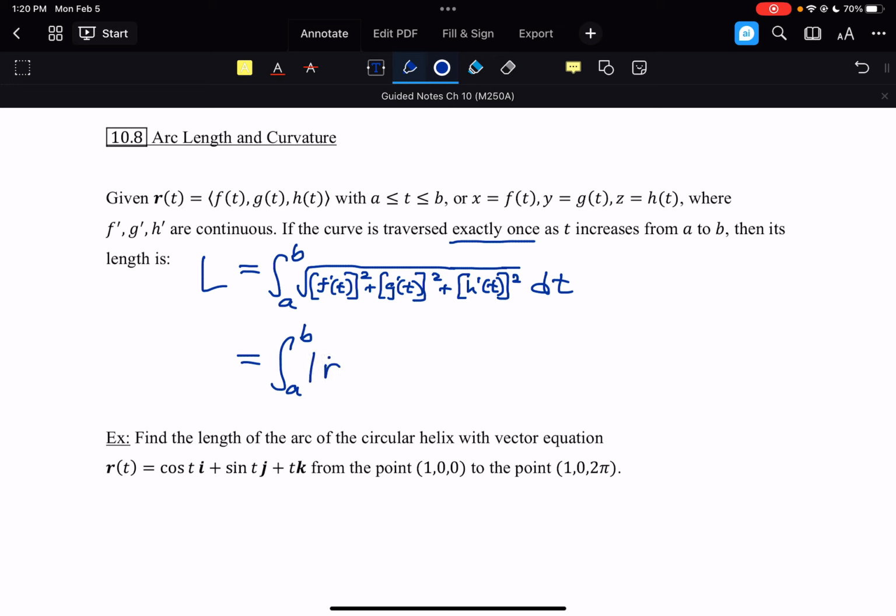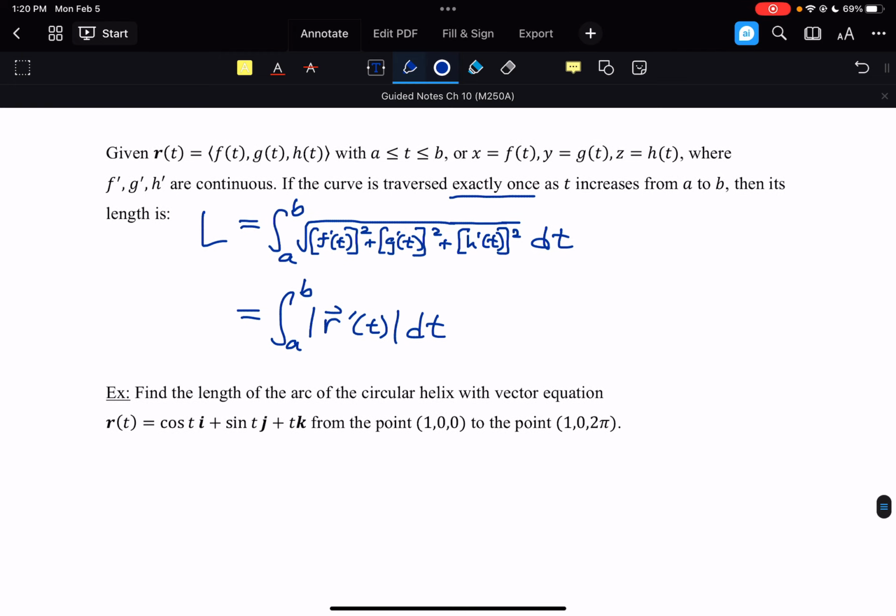So this is just the integral of the length of r prime of t dt. So these are two equivalent formulas that both represent the same thing, that being arc length over a segment of a curve in 3 space, as it is traversed exactly once using the values of the parameter going from a to b.